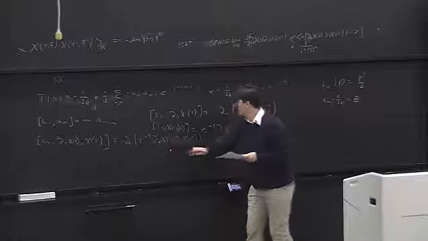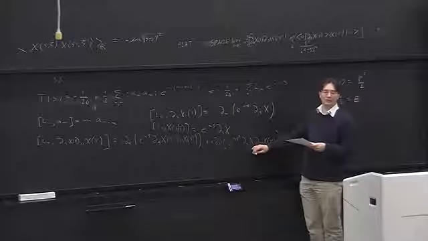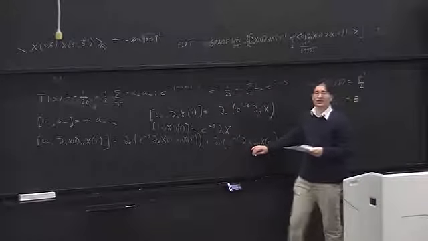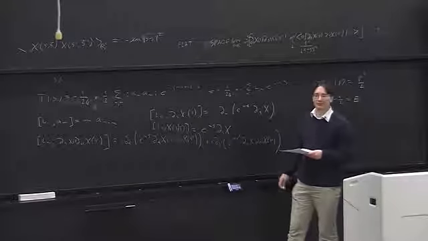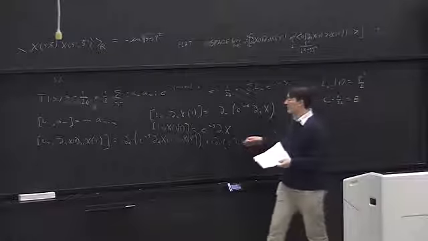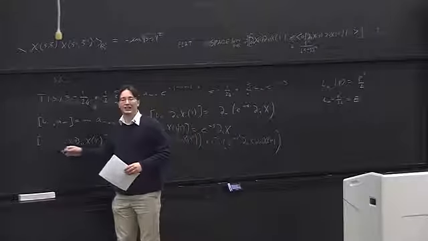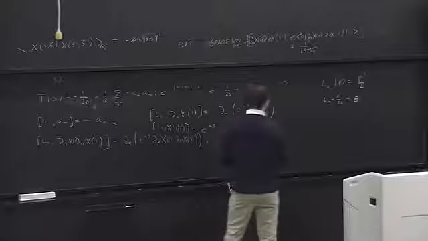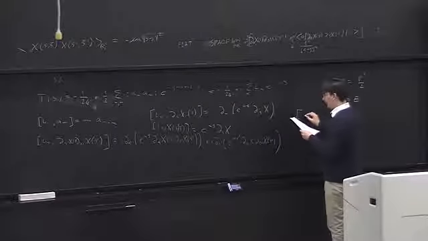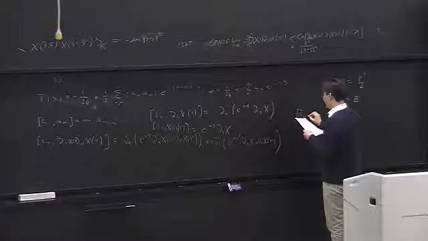Now, here and here, there are divergences, but it turns out they actually cancel out as s goes to s prime. So it means that this expression is a finite limit as s goes to s prime. So I can learn what the commutator of L and the stress tensor is.